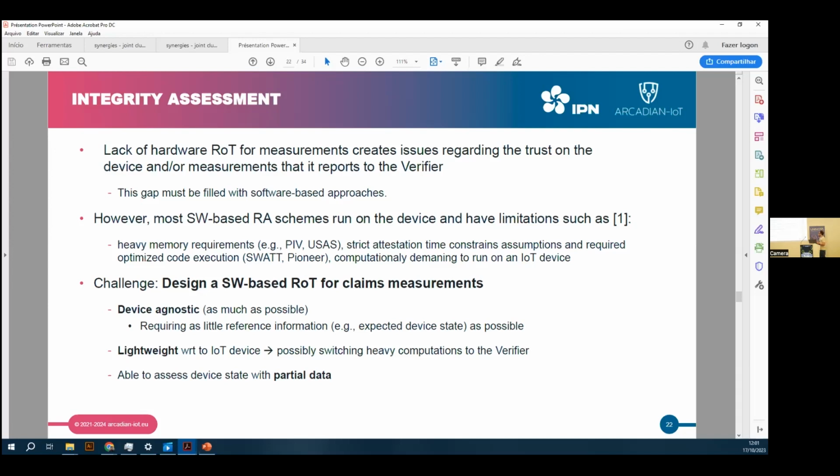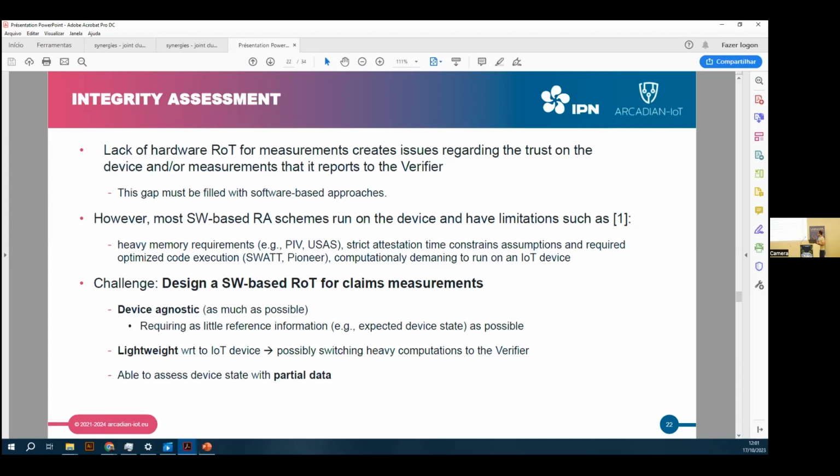However, most software-based remote attestation schemes rely on assumptions that are not realistic for most IoT devices, such as heavy memory requirements, strict time limits for when the attestation must happen, and also computational requirements.